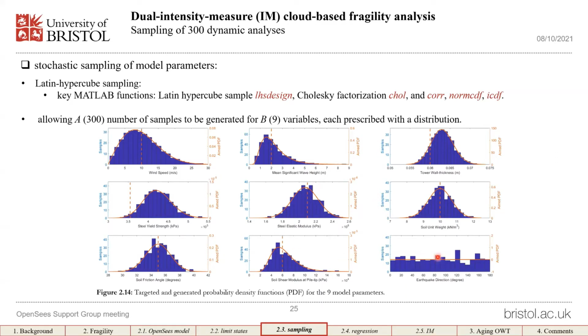So in these figures, the orange curves represent the targeted distribution for each of the variables. The dashed lines mark the nominal value for each random variable. And finally, the blue bars represent the actual generated 300 samples.